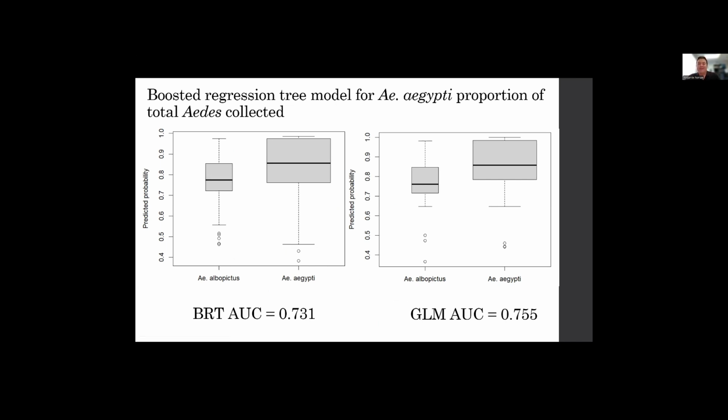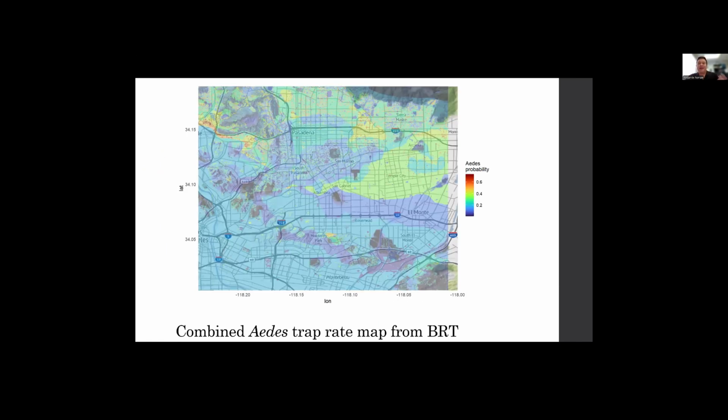But that's fine. What we can do now is take these outputs and map them across the landscape. So if we look at our Aedes versus Culex boosted regression tree model across the landscape, we can identify regions where we have higher predicted Aedes trap rate versus Culex.